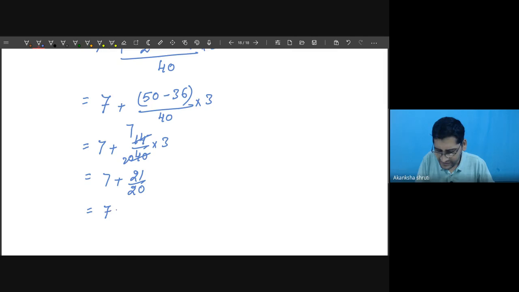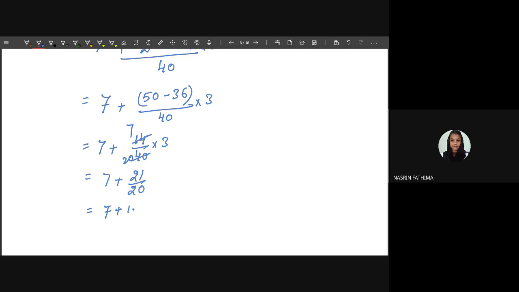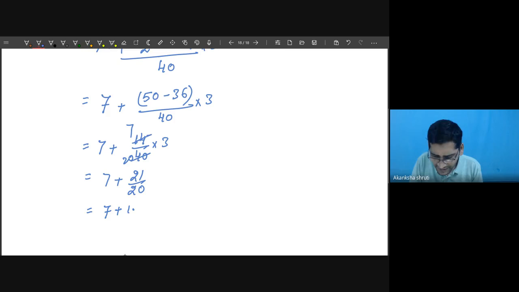It is like 7 plus 1 point 0 5. Some of you didn't write the multiplied by 3. 7 is multiplied by 3 to get this 21.